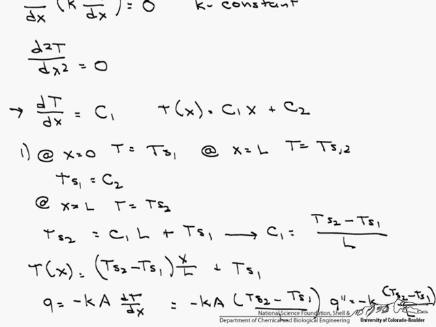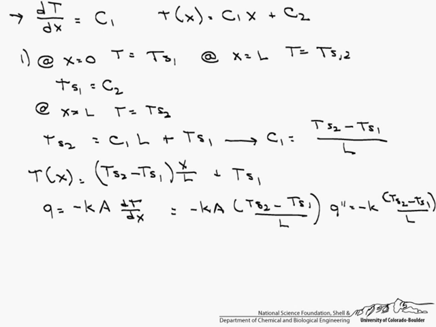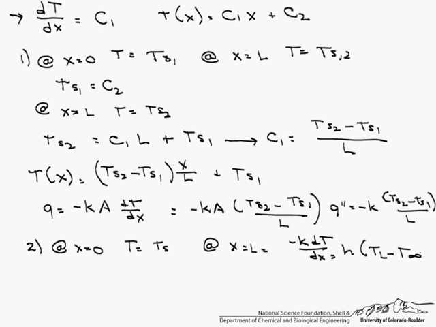All right, let's look at something that's a little bit different. We're going to have the same T of x, but now we're going to change the boundary conditions. We're still going to say at x equals 0, T equals Ts, but now instead at x equals L, minus k dT dx equals h times T of L minus T infinity.